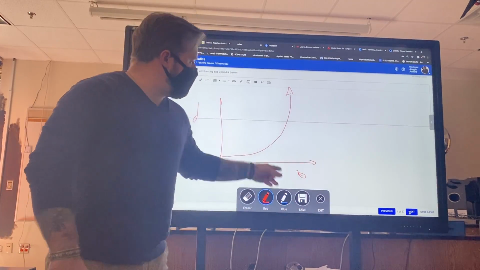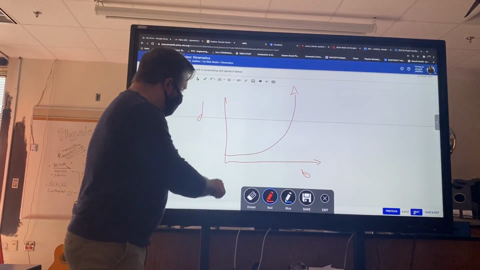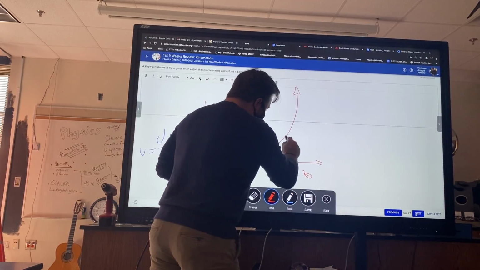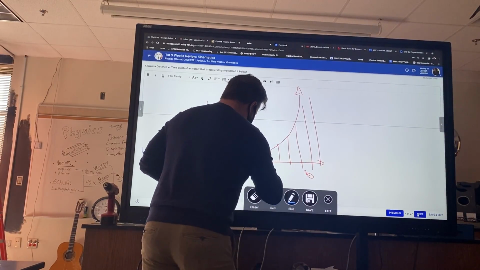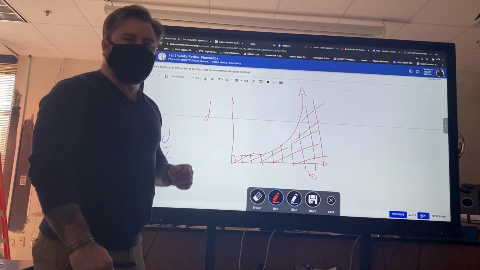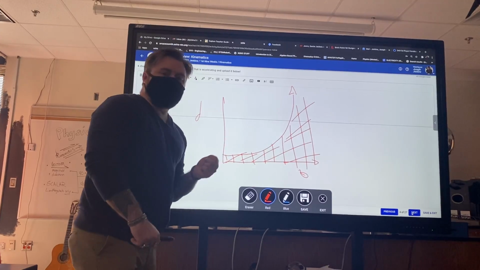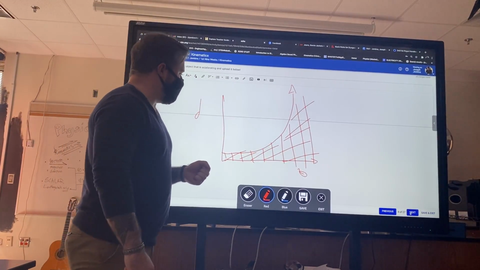When you see that curve on a distance versus time graph, this is acceleration. But is this the only graph of acceleration? No. Acceleration looks different depending on what graph you're looking at, distance versus time or velocity versus time. This one right here, definitely acceleration.